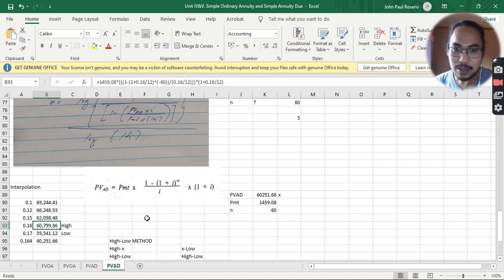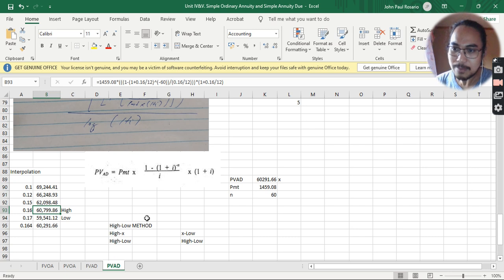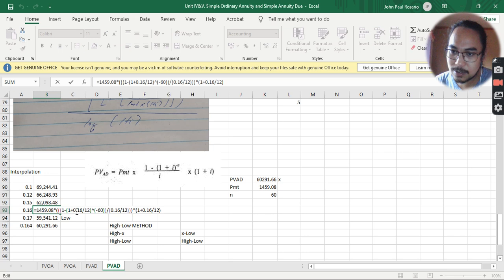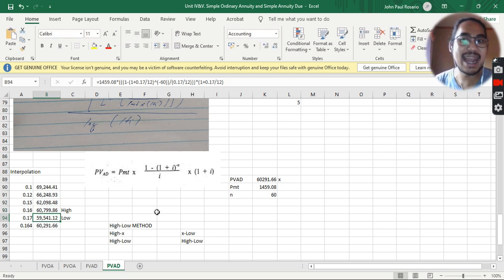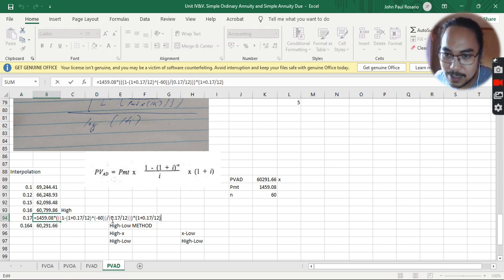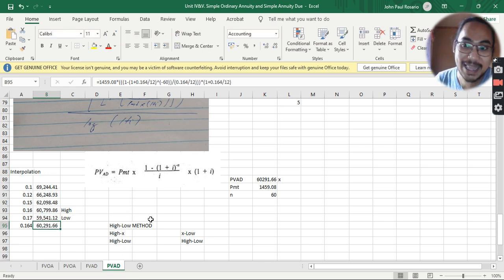Increasing it by 1%, at 16% we get 60,799.87. Still, it's higher. We still have to go lower, so we have to go to 17. By using 17%, our present value is 59,541.